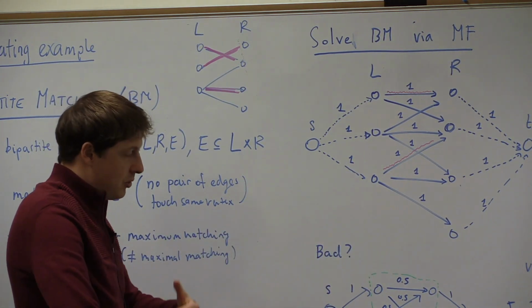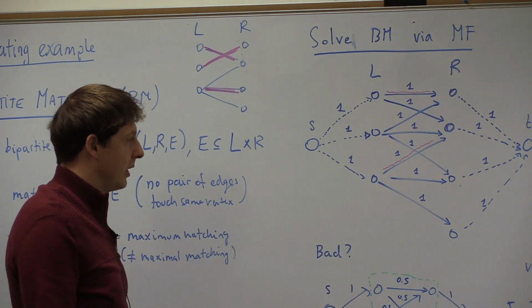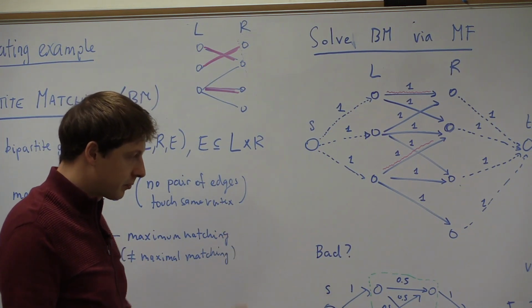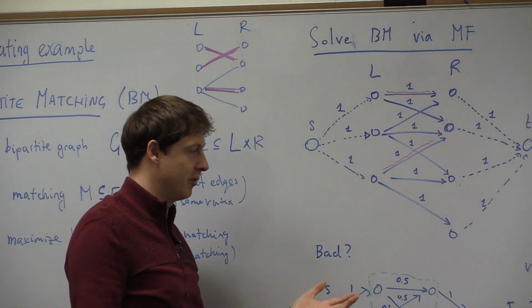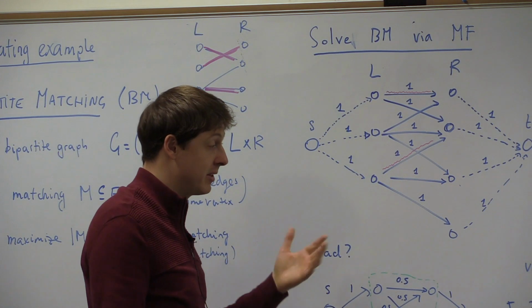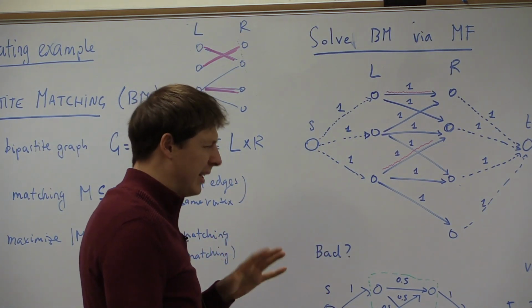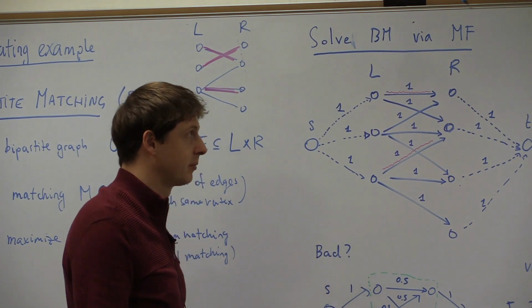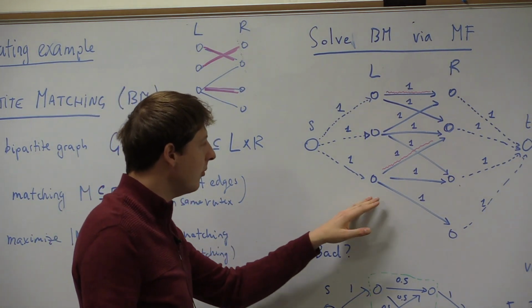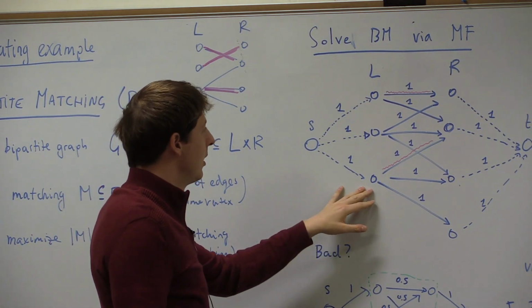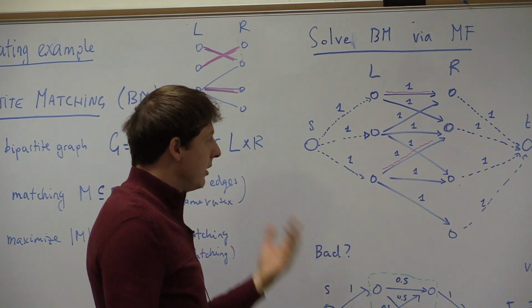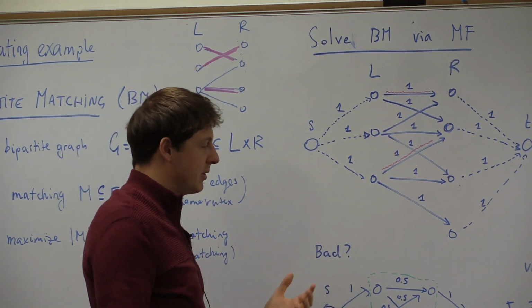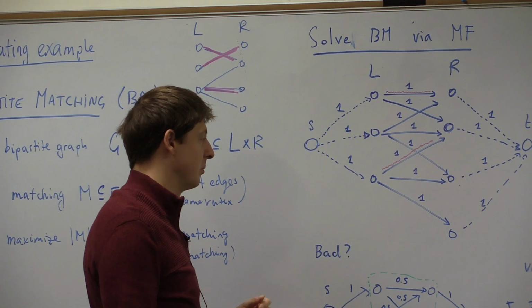Then we said, okay, we just run some max flow subroutine. In this case, we happen to have Ford-Fulkerson as an algorithm, but it could have been any other algorithm. Technical note: this should be any other algorithm that will find an integral flow if there is one. In this case, there is one. And then the subroutine tells us, hey, I found a max flow.